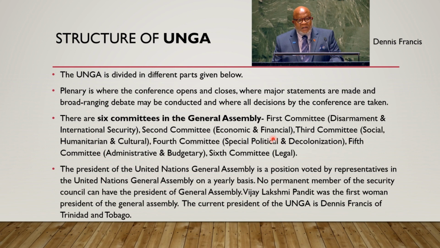There are six committees in the General Assembly. Now, if I keep on explaining all of them in detail, the video will be really very long. So I'll just tell you a few definitions or a few functions of the committees of the General Assembly.